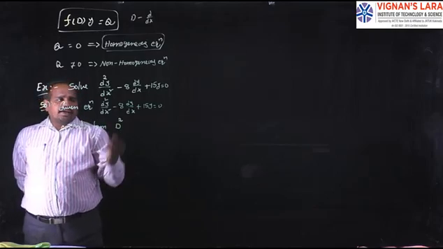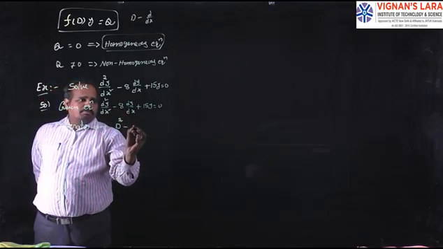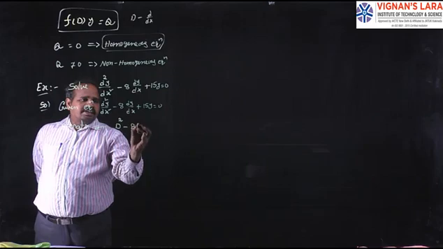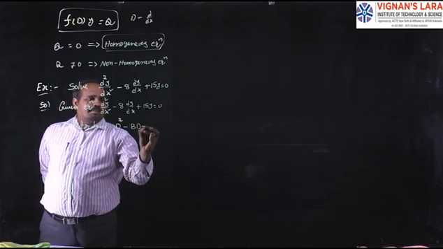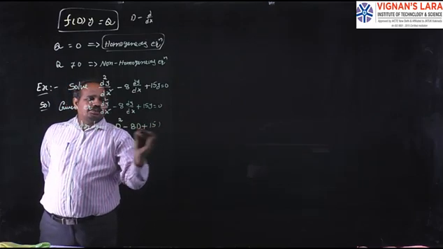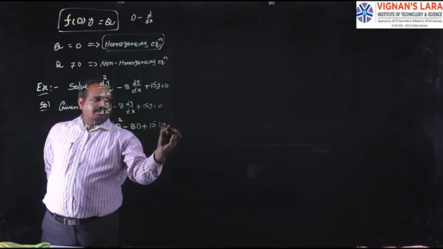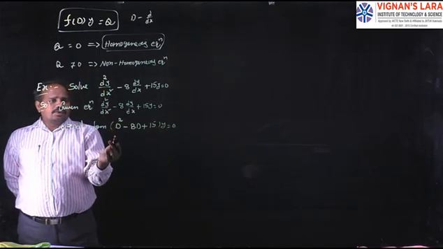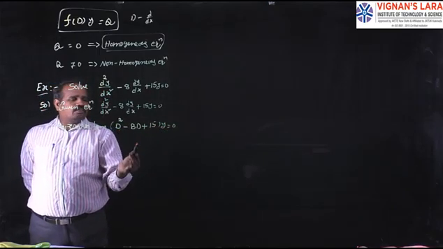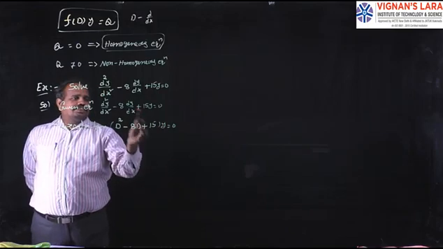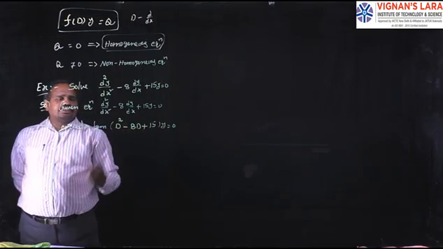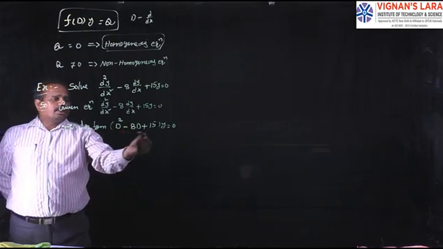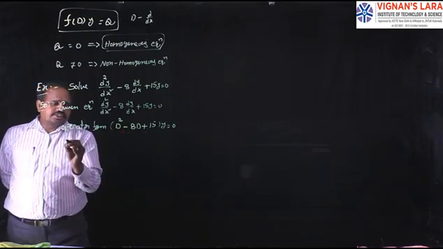D square y by dx square is D square of y, and D of y is dy by dx. So this can be written in operator form as D square minus 8D plus 15 into y is equal to 0.